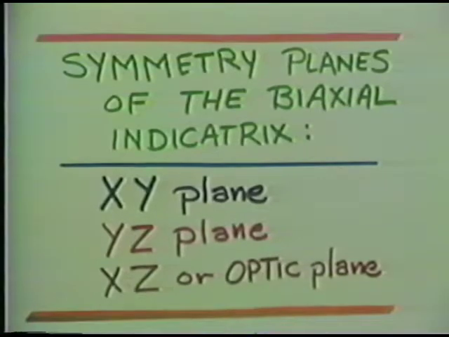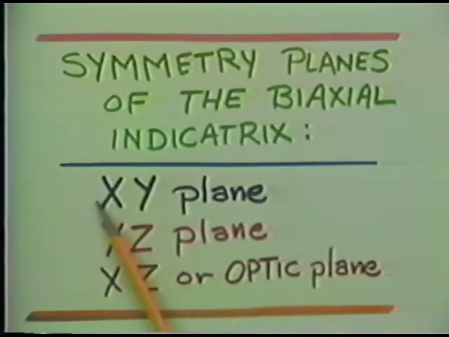Okay, in summary, symmetry planes of the biaxial indicatrix. There are 3 of these symmetry planes, and they are defined by the possible combinations of vibration directions. One is called the XY plane, and in that particular plane, the Z vibration direction is perpendicular. The X and Y are parallel to that plane.